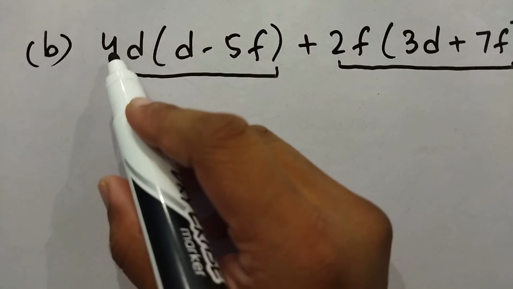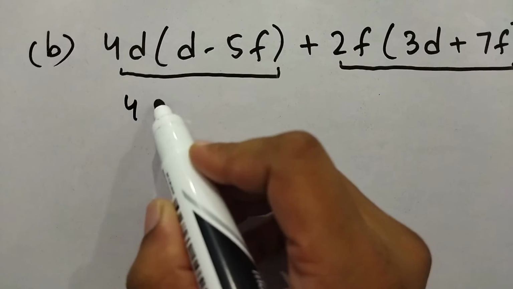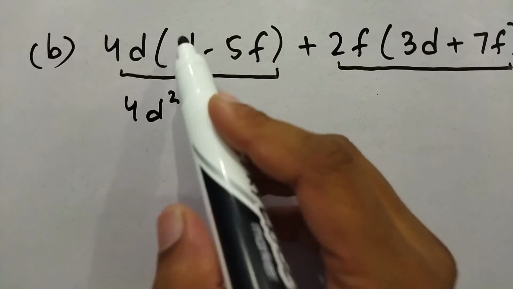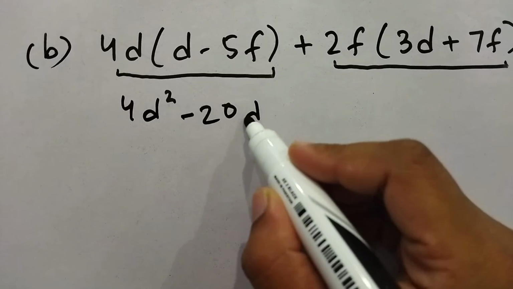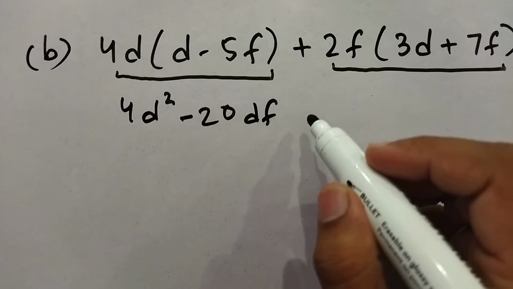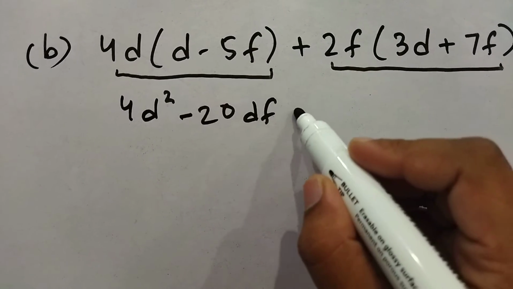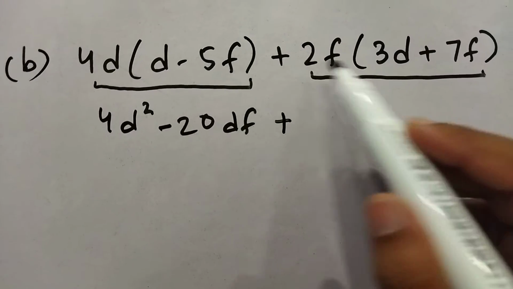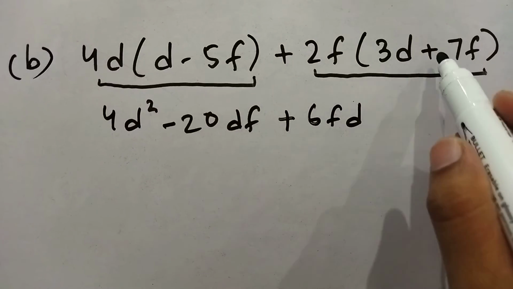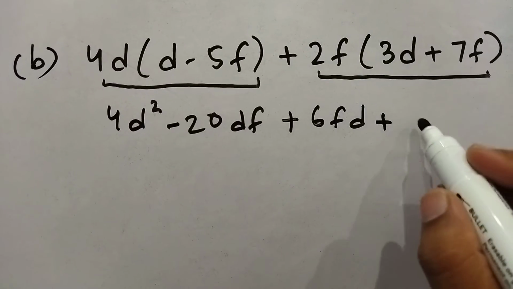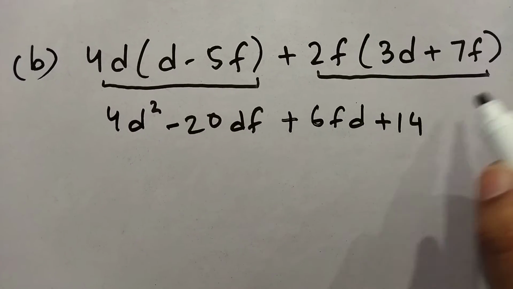So 4D into D is 4D square plus minus minus 4 5s are 20. D into F is DF. First bracket solved. Then we have a plus sign over here. We'll put this sign over here. 2 into 3 is 6. F into D is FD. Then plus plus plus 2 into 7, 14. F into F is F square.